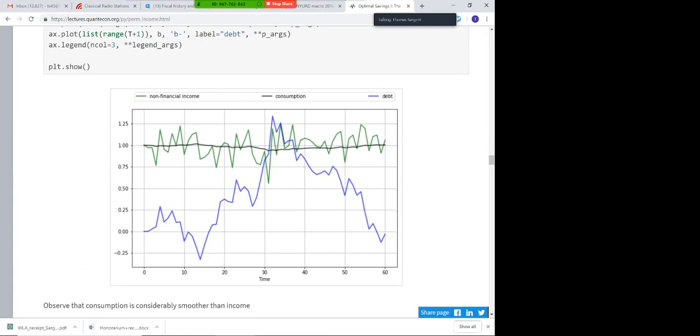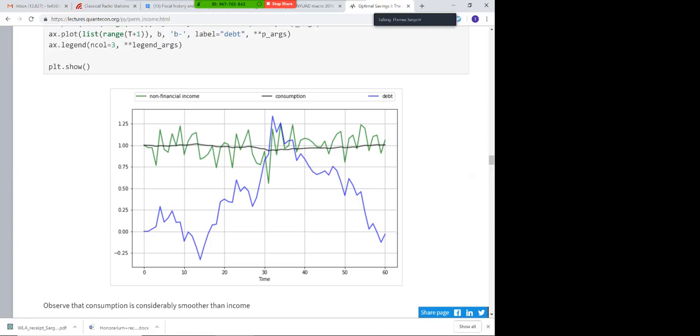The green line is your income, non-financial income, and it's as random as it could be. See it moving like this? It's IID. I'm going to start the person off with 0 debt, and then what this person is going to do is smooth his consumption.